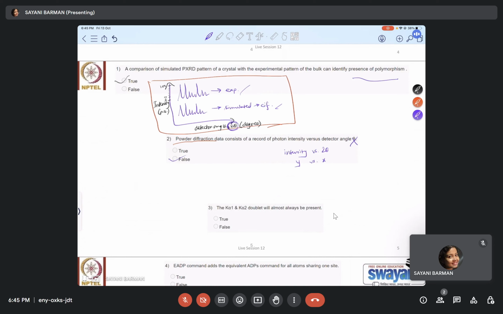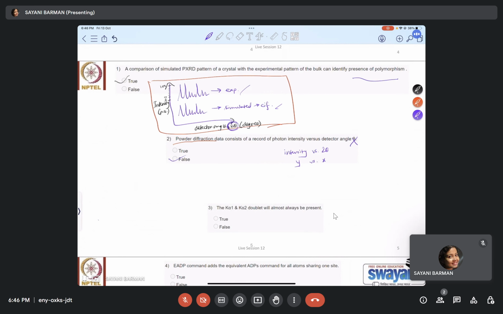The first one I'll tell is wavelength discrepancy. X-ray tubes used in XRD instruments often produce characteristic X-ray radiation with two closely spaced lines. You already know these lines are K alpha 1 and K alpha 2. The K alpha 1 line has a slightly shorter wavelength than K alpha 2.